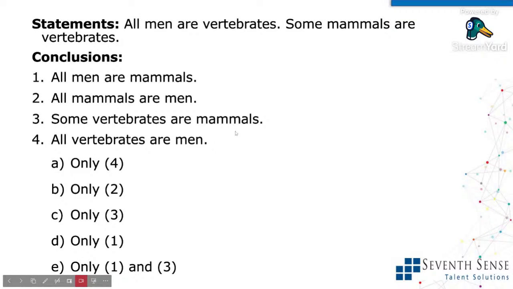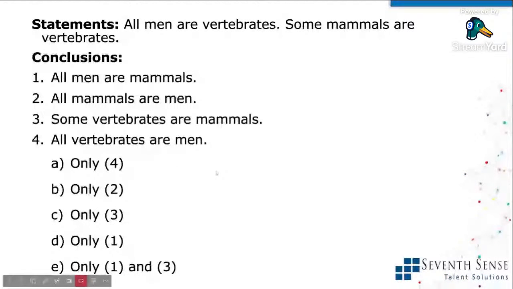So quickly answer this. All men are vertebrates. Some mammals are vertebrates. Conclusions: all men are mammals, all mammals are men, some vertebrates are mammals, all vertebrates are men. Try to answer this as soon as possible.